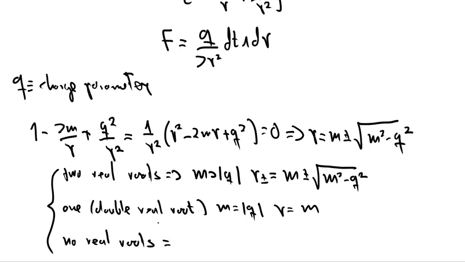For each of these cases, the solution has different global properties, and we will notice that because we will get different Penrose diagrams. So we need to study each of these cases separately. Let's start with this case.